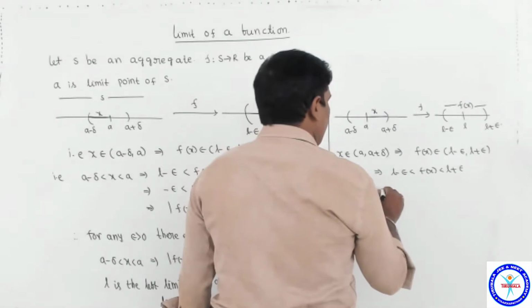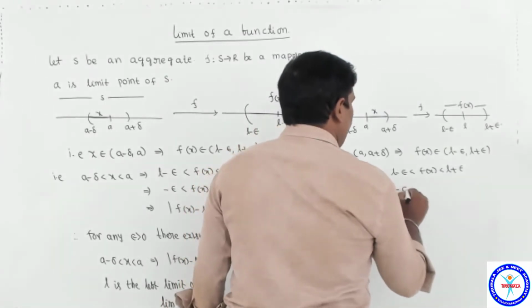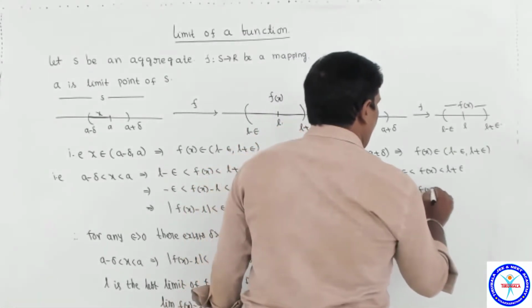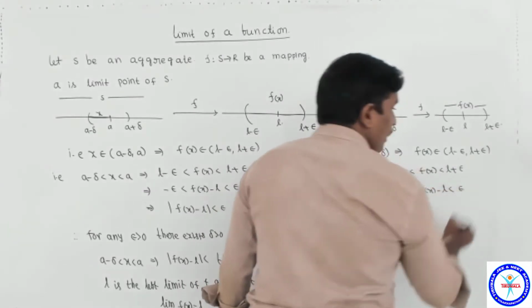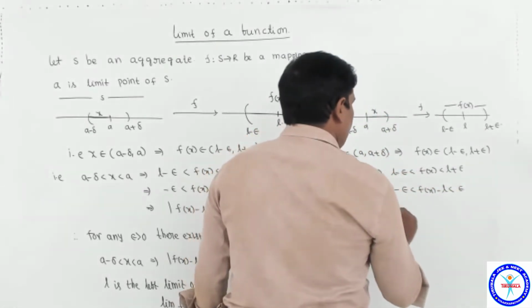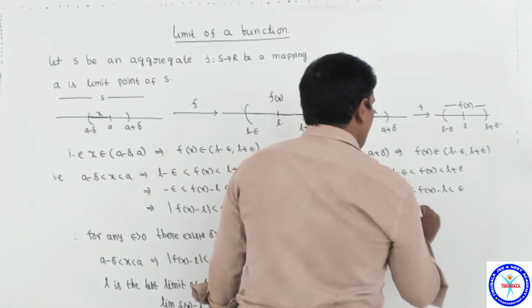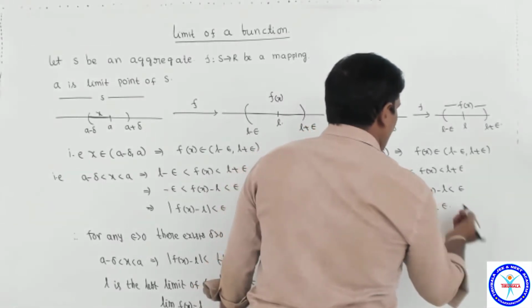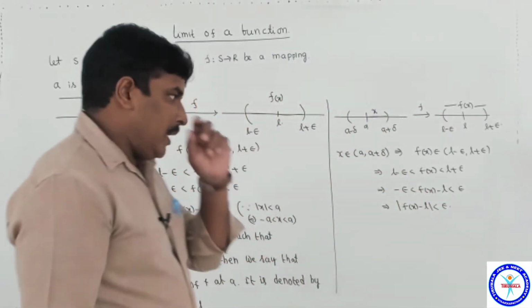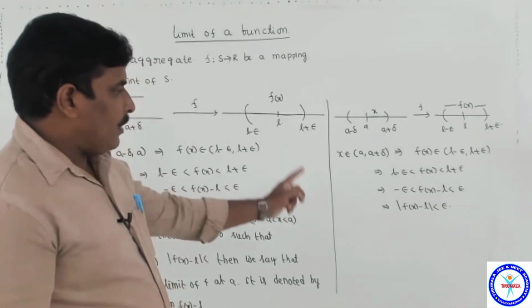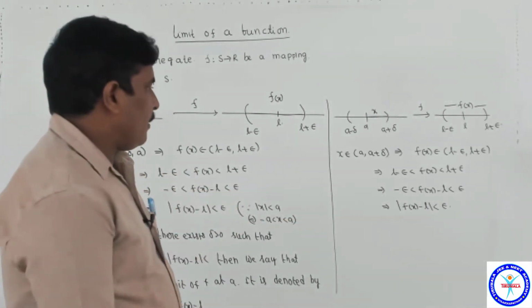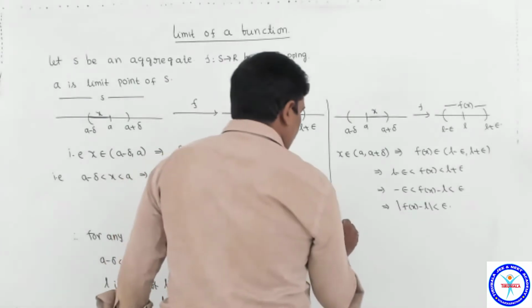Now adding minus L to both sides: minus epsilon less than f of x minus L less than epsilon. This implies modulus of f of x minus L less than epsilon. So finally, write the definition.